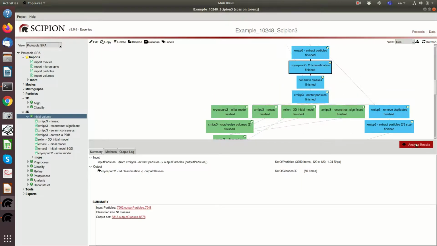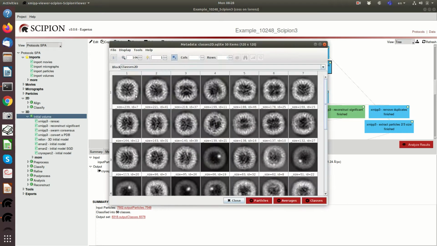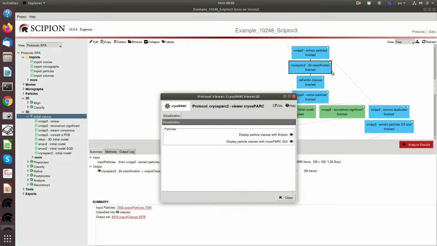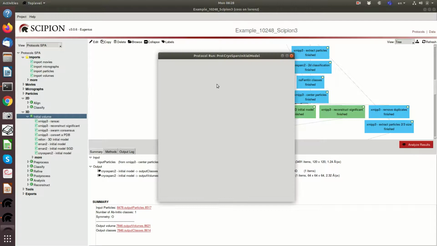So the quality of the 2D classes gives you already, here we see relatively high frequency details, and yet you cannot reach high frequency in 3D when you see high frequency details in 2D. So for instance, here we have used cryoSPARC.